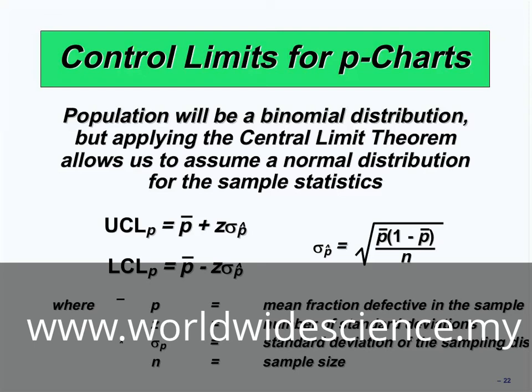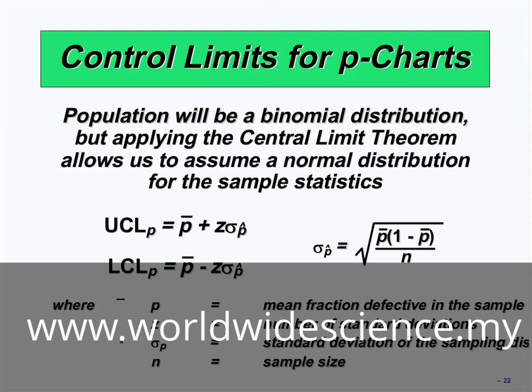Okay, so the P chart involves the number of defective and fraction defective. The number of defective in each sampling divided by the number of sampling or number of production gives you P, the fraction defective.